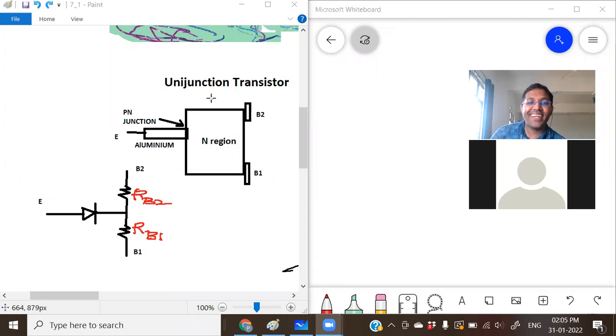Further, we can represent this particular construction of the Uni Junction Transistor in a somewhat different manner.